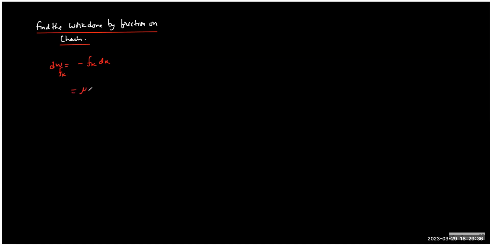So when we write the work done by friction in the same situation, find the work done by friction on the chain. The way of writing is again dW equals F dot dx, and because force and displacement are exactly opposite, we write minus Fk dx. So nothing will change, everything remains the same. But Fk we can write as mu into N, correct?